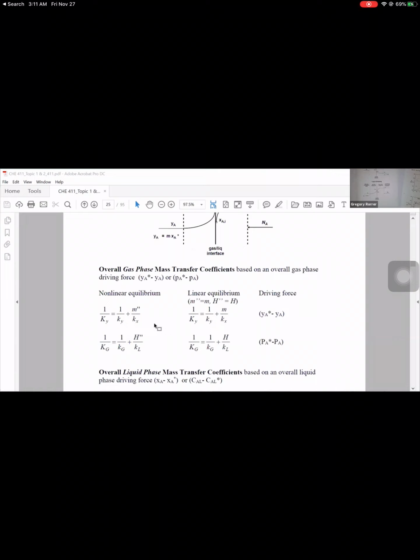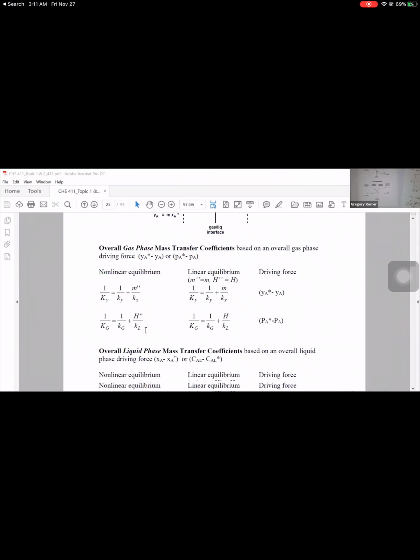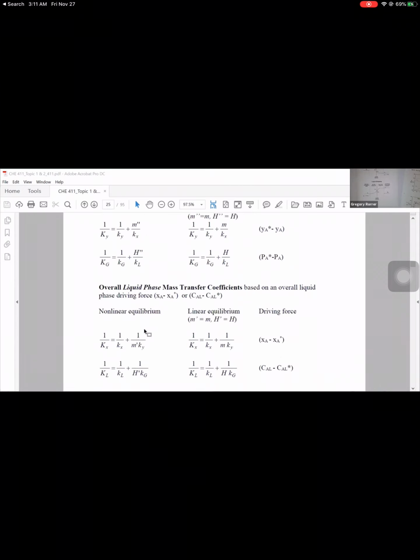They're the same, but the point of context is that if you have a non-equilibrium curve, your M prime and your M double prime are going to be defined just a little bit differently, based on just looking at the plot here.